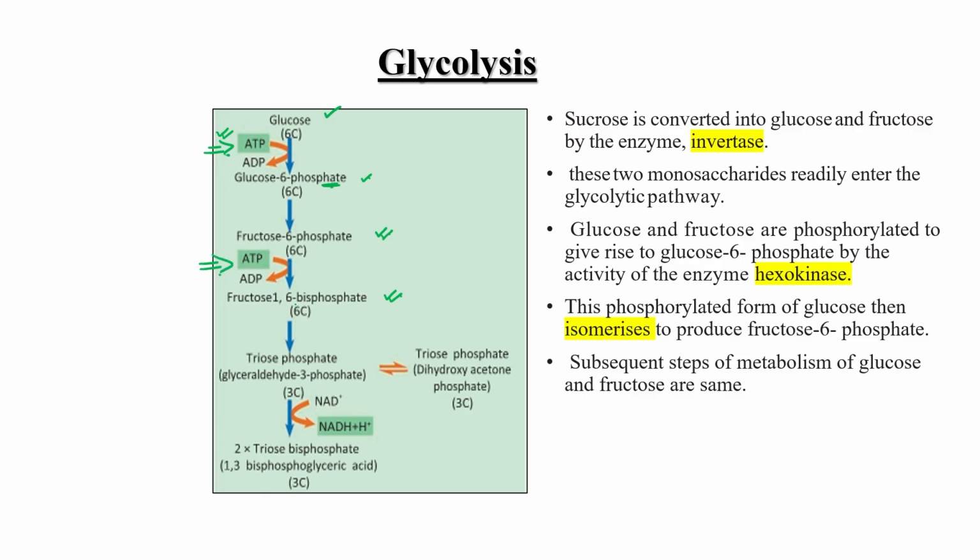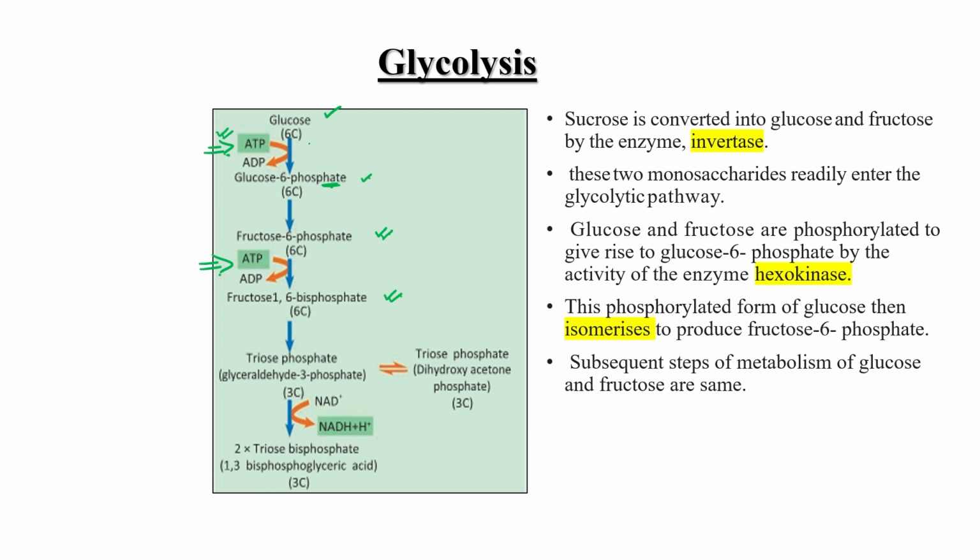So first we utilize ATP for the production of further ATP. Initially we have invested ATP. Okay, only a small amount of ATP we have invested in this pathway, and after that we generate ATP during the whole cycle.